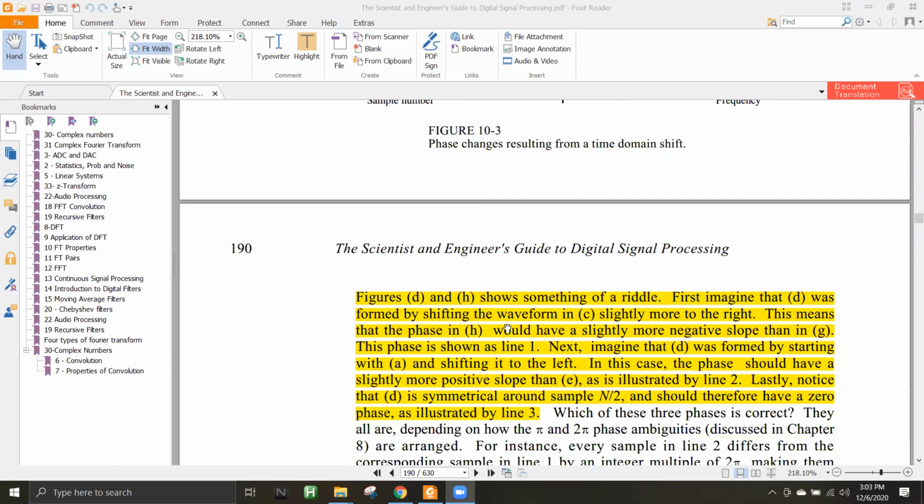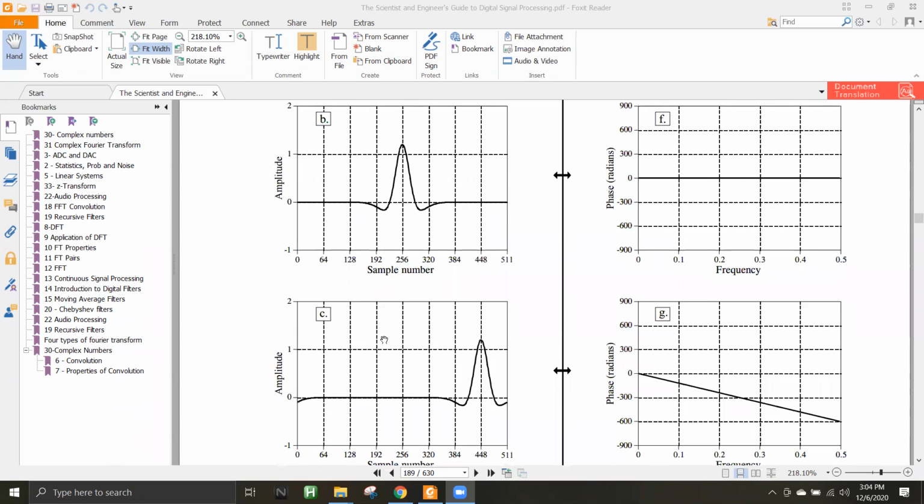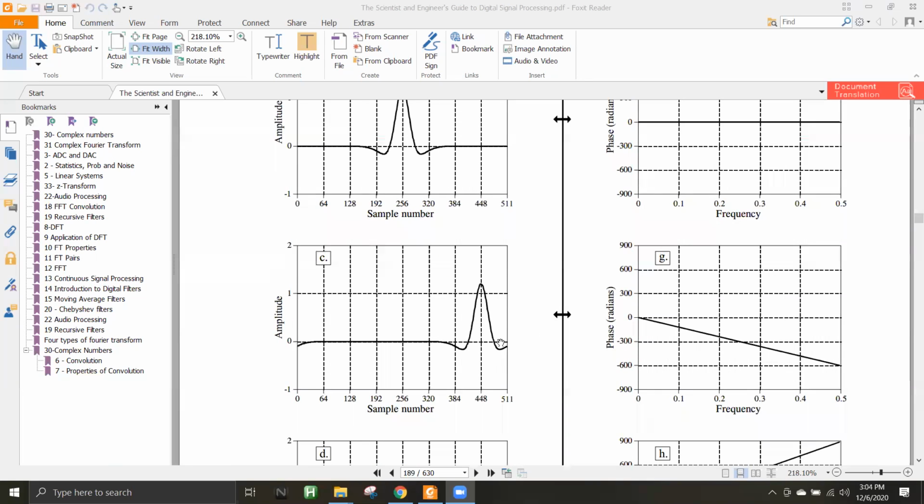So imagine that D was formed by shifting the waveform C slightly more to the right. C was already shifted right from B. So B can be shifted right and you can obtain C. Now if you shift C a bit more to the right, what would happen? This particular part would be here, and since there are no more samples to the right, this part would just reappear here, because the DFT sees the period as circular.